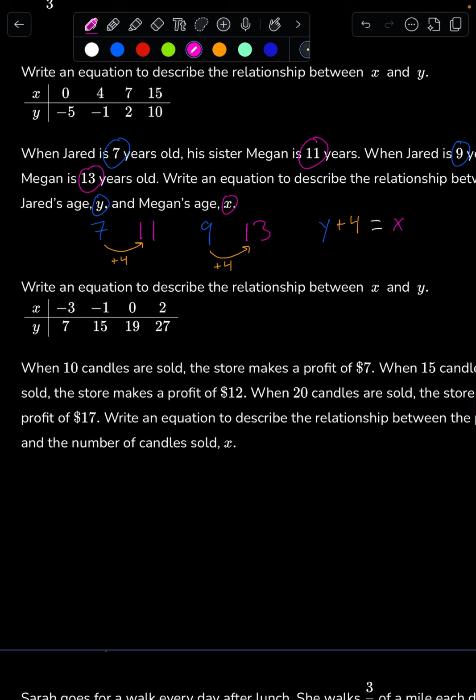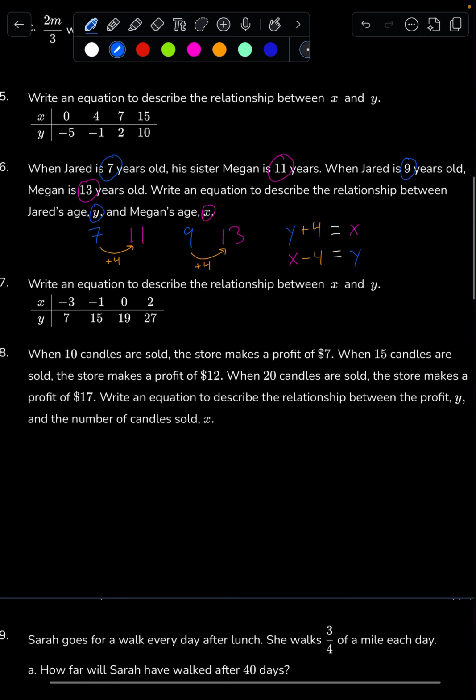Or if I wanted to, I can go backwards and say, well, if I have Megan's age and I take away 4, that's going to give me Jared's age. So both of those equations would be totally acceptable to describe the relationship between Jared's age and Megan's age. Now let's take a look at the problem below it.